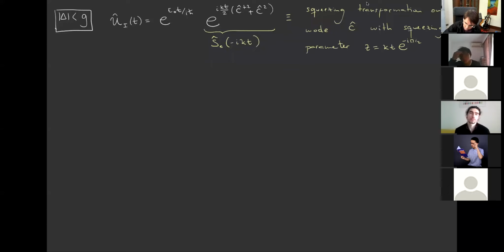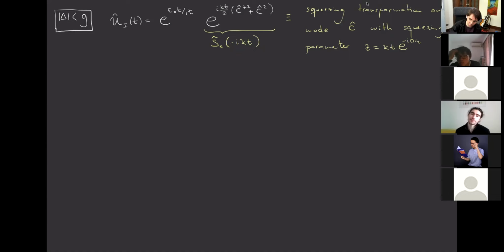What's important is to notice that this squeezing grows with time. So the time evolution itself is a squeezing transformation, but it's not a stationary squeezing transformation, it's a squeezing that increases in time. And of course, we know that the number of photons increases exponentially in the squeezing parameter. Therefore, if the squeezing parameter is linear in time, the number of photons will increase exponentially in time. And this is what we are going to show.